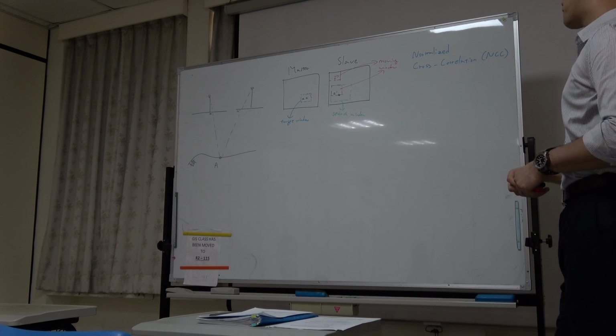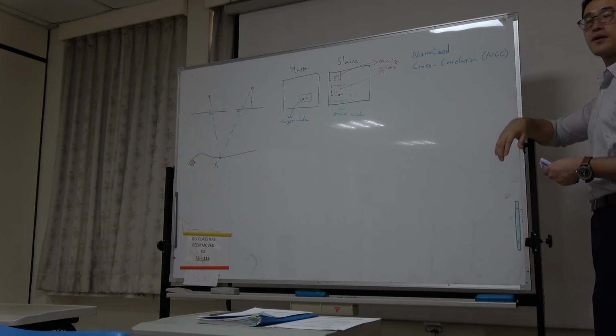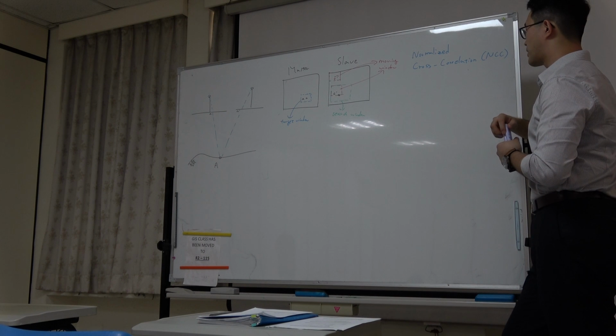The one that is usually used is the NCC, normalized cross correlation.